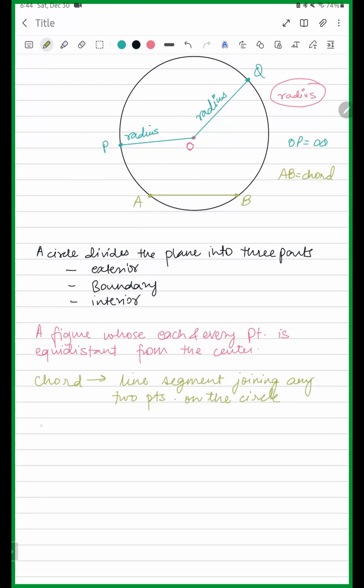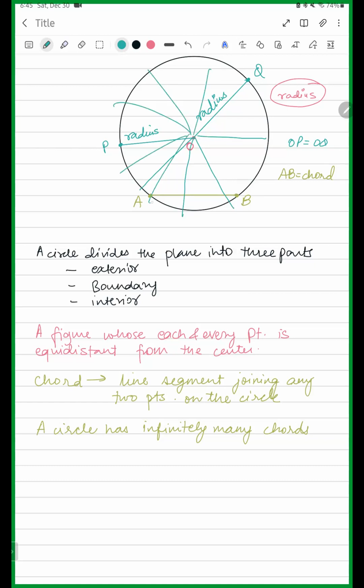So a circle has infinitely many chords. Similarly, it has infinitely many radii. You can draw a radius from here to here, from here to here, and so on. You can draw as many as you like. So that means it has infinitely many radii. It has infinitely many chords.